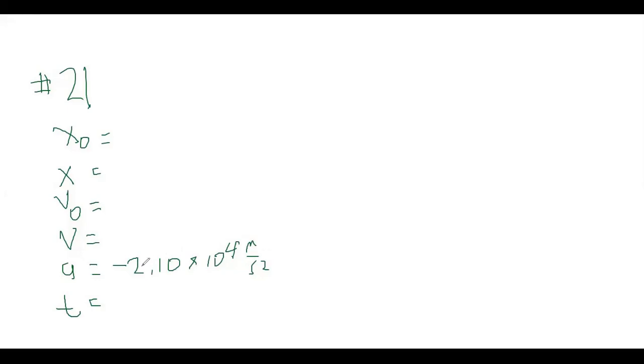It's got to be negative. It's slowing down. And we have the time, 1.85 times 10 to the minus 3rd seconds, elapses from the time the ball touches the mitt until it stops.